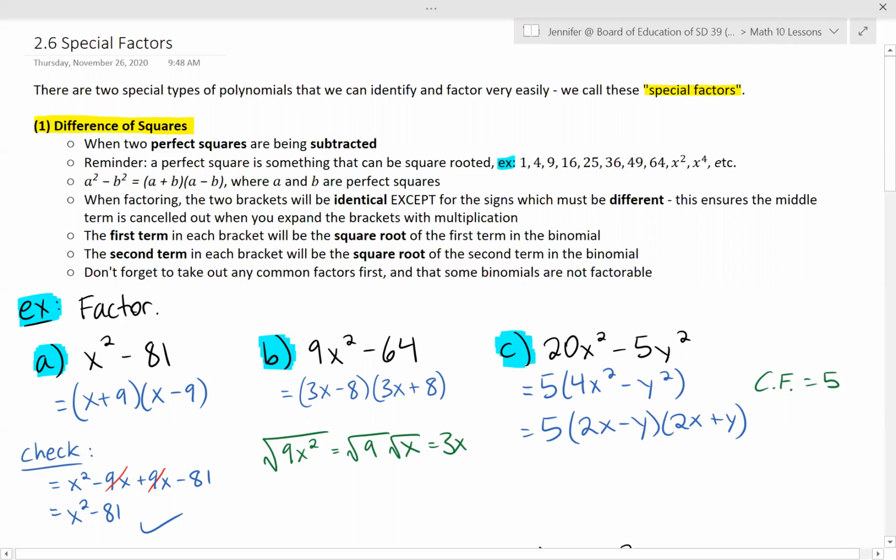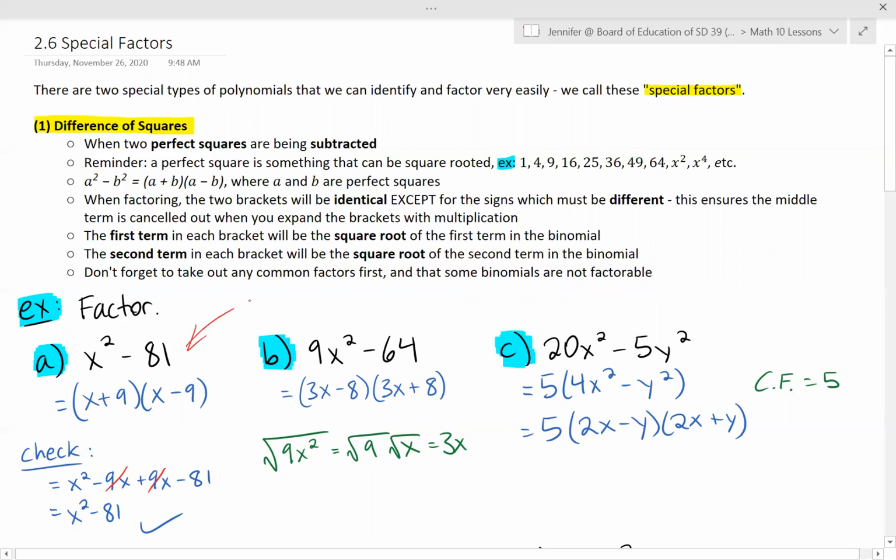To figure out what the A and B are, like what values go into your brackets, the first term in each bracket is whatever the square root of the first term here is. And the second term in each bracket is the square root of the second term in your original question. We'll look at a couple examples to make sure this makes more sense. But reminder, when we're factoring, always take common factors out first. And sometimes there are situations where they are not factorable.